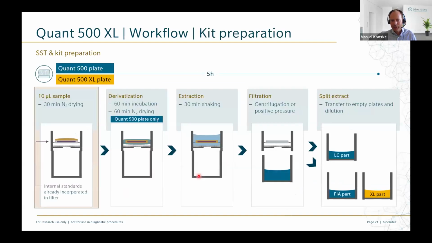The preparation of the assay is quite easy. You pipette 10 microliter of the sample on each kit plate. It's dried down, derivatized, and dried again. Metabolites are extracted and eluted, and then there are three 96 well plates provided with each kit, and 3 different dilutions are done for different analytical injections.